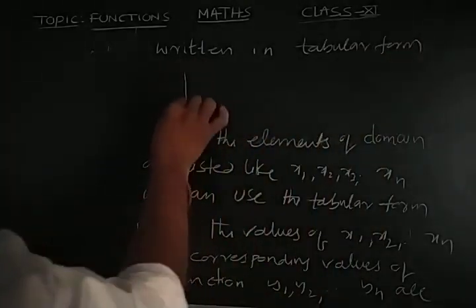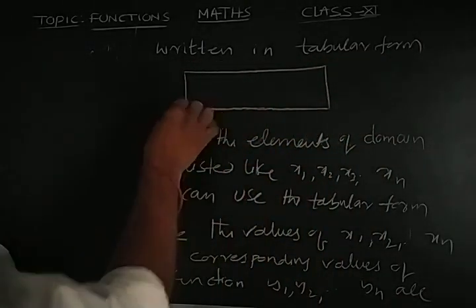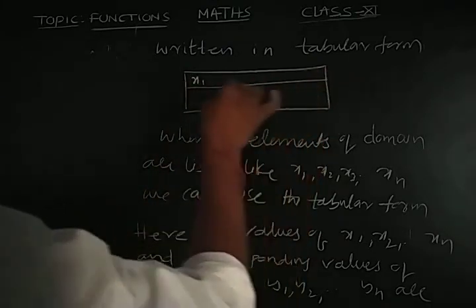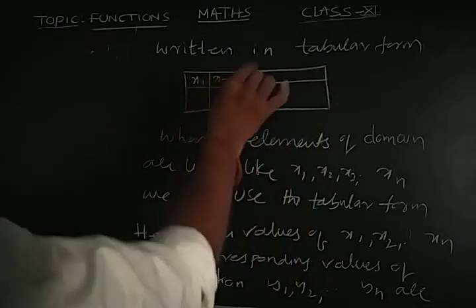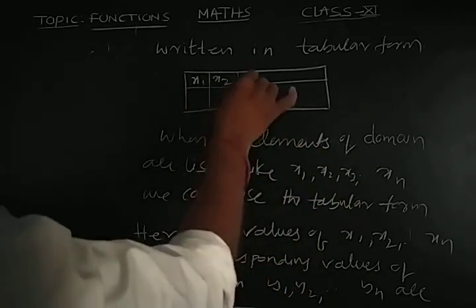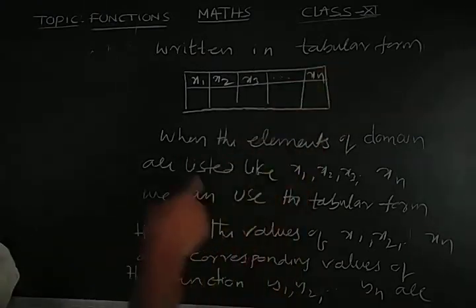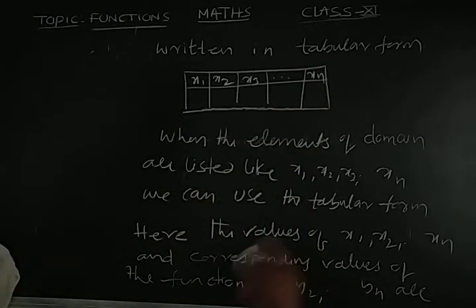How to represent this? You can use a table here. The first row elements are domain elements. How many elements are there? x1, x2, x3, and so on up to xn. And here y1, y2, y3 are the corresponding elements.